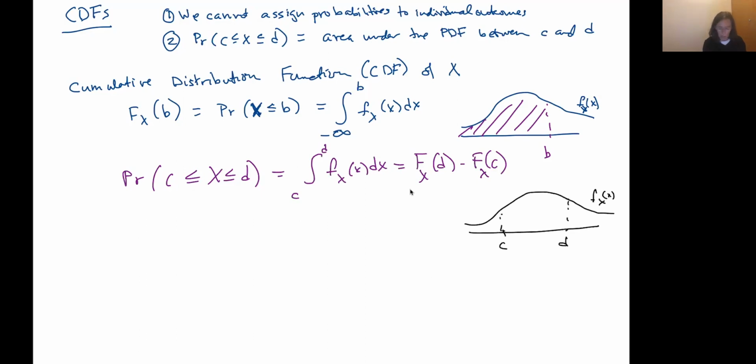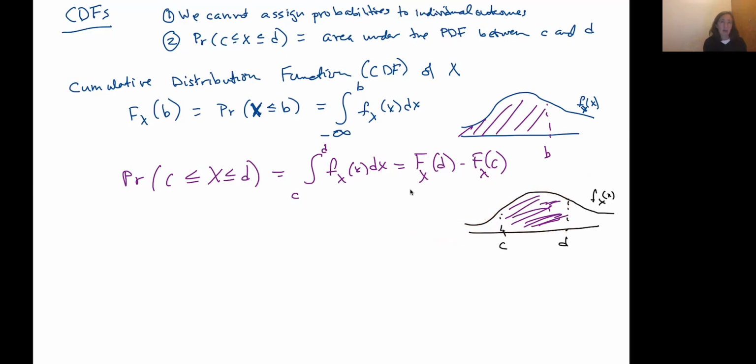What we're doing is finding the total area under the curve below D, and then subtracting off the area below C, and so what we're left with is the area in between. That's true for any kind of integral.